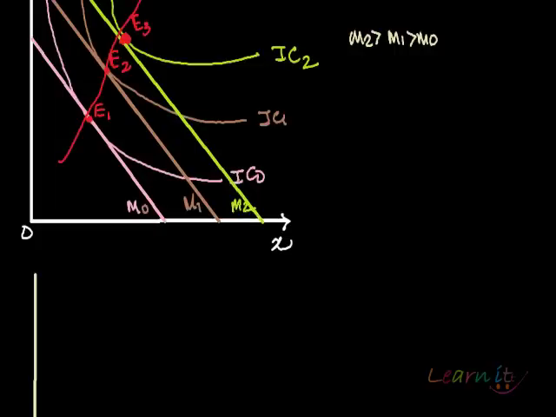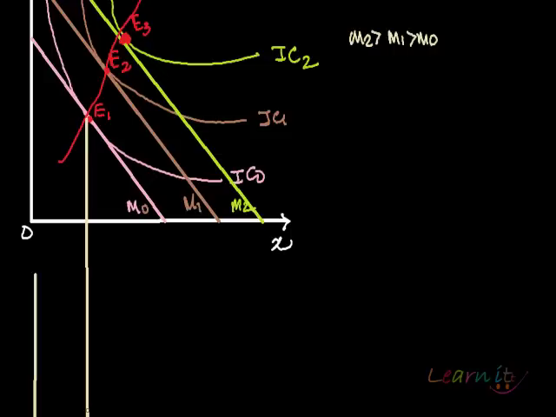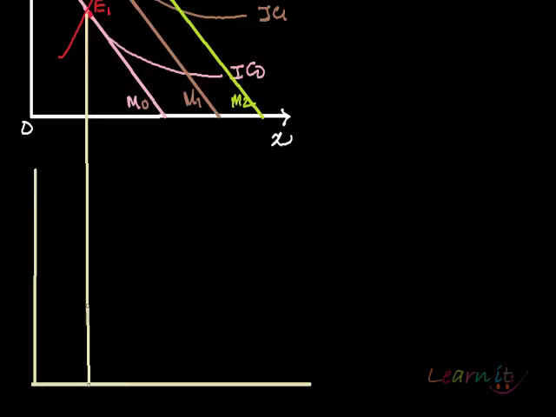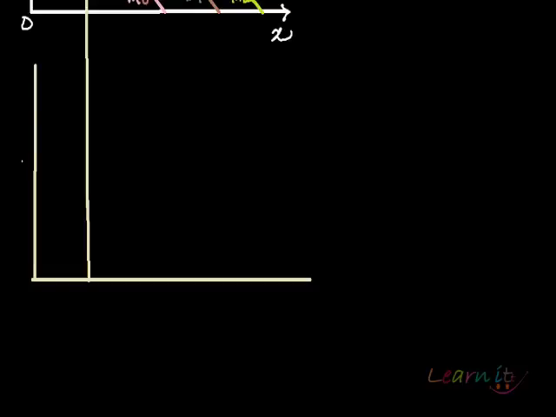When you have an income M0, this is the amount of X which you consume.